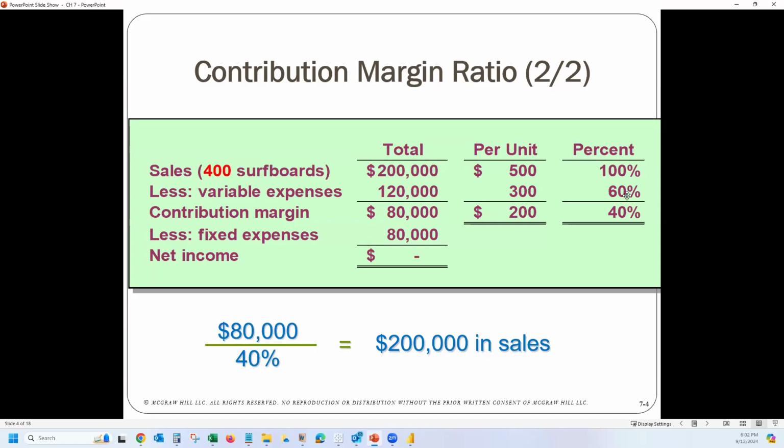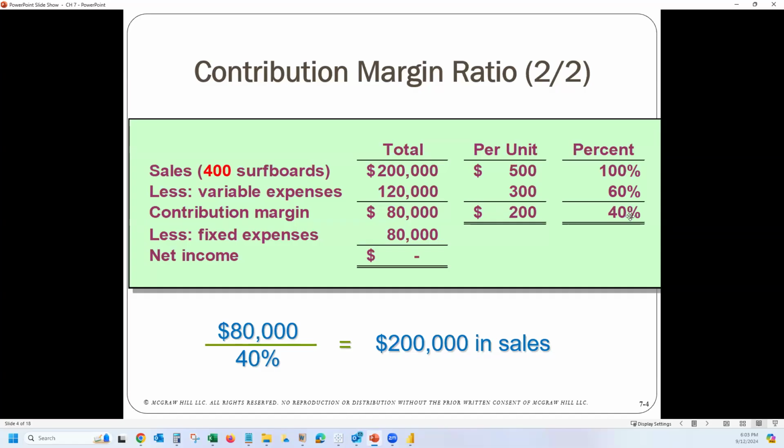So that will give you 60%. And now, if you know this percentage of the variable cost given the sales revenue, you could calculate the contribution margin in percentage as well, which is 40% in this case.